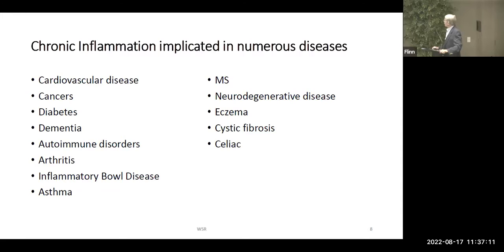So chronic inflammation has been implicated in numerous diseases: cardiovascular disease for sure, cancers, diabetes, dementia, autoimmune disorders, arthritis, inflammatory bowel disease, asthma, multiple sclerosis, and other neurodegenerative diseases, eczema, cystic fibrosis, and celiac.